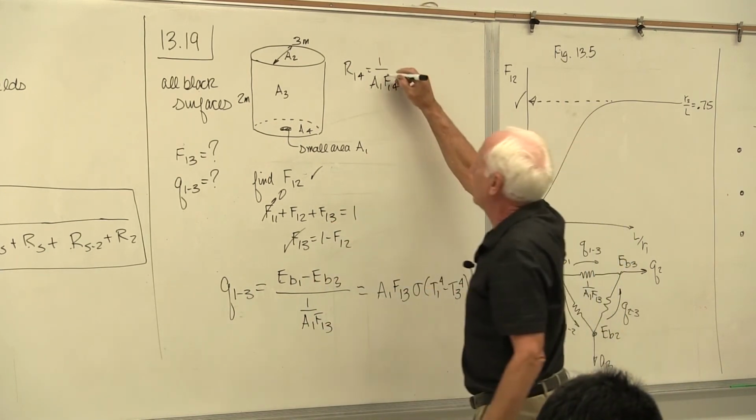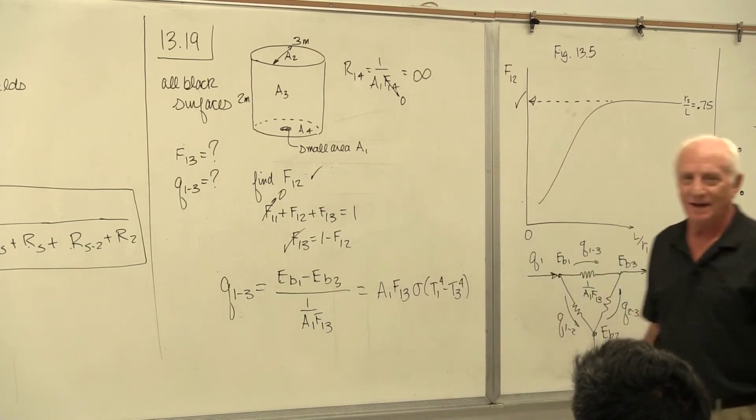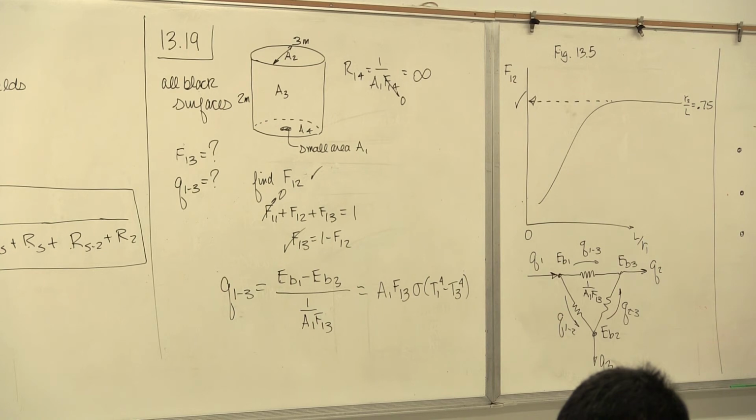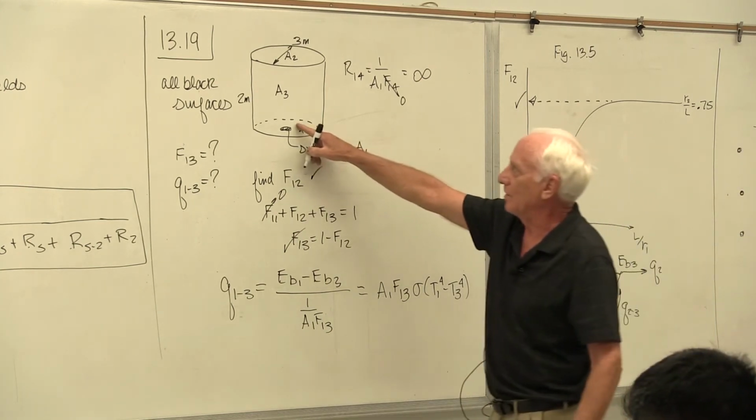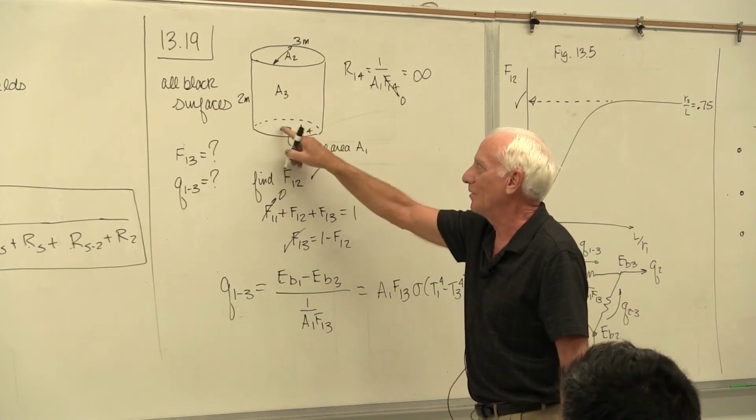What's F1 to 4? F1 to 4, 0. What's that resistance? Infinity. How much heat flows? None. If the resistance is infinite, there is no heat flow. So there's no such thing as a Q4 in that thing. Not 1 to 4 directly.